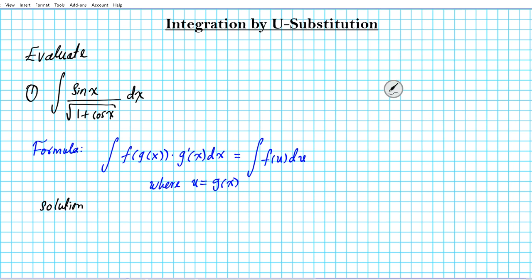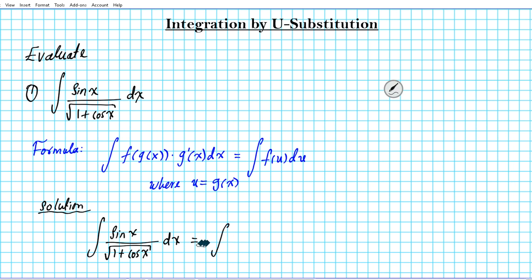So we have to evaluate the integral of sine x divided by the square root of 1 plus cosine x. One thing to keep in mind is the way that you express your integral makes it very easy to carry out this U substitution process. I'm going to write this integral as the composite function times the derivative of the inner function, so I'm going to separate it.